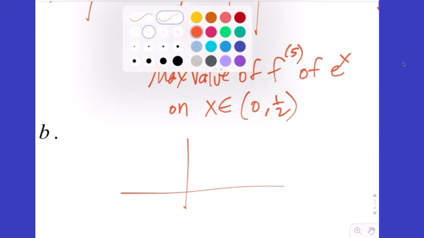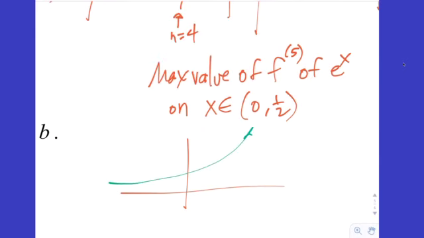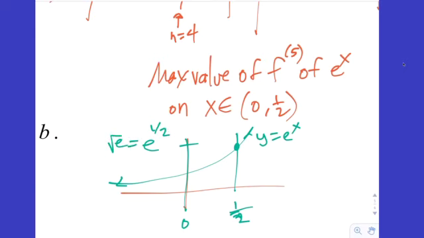We know the graph of e to the x looks like this guy here. There's y equals e to the x. Here is 0. Here is 1/2. So again, notice on that closed interval, it's continuous. The right endpoint, again, is the maximum value. So we kind of run into the same problem. The maximum error is going to be bounded by e to the 1/2, which is the square root of e.